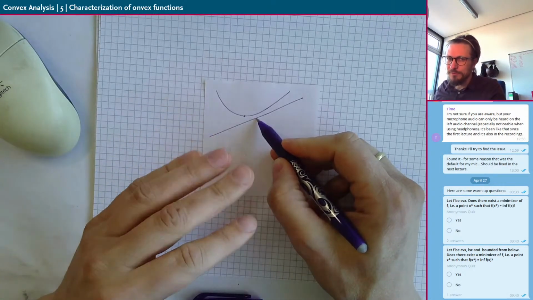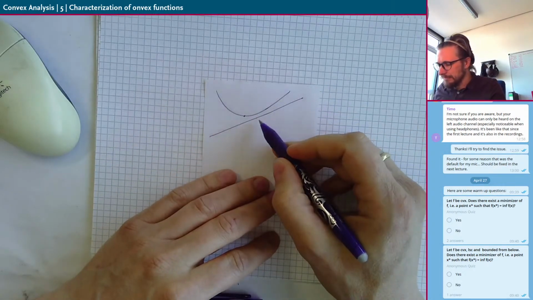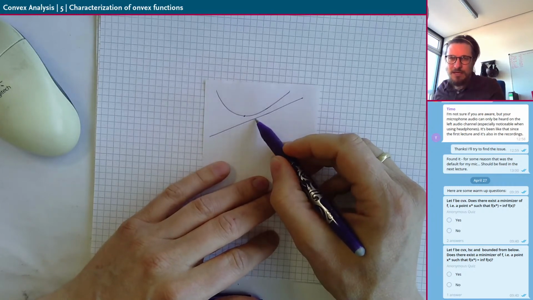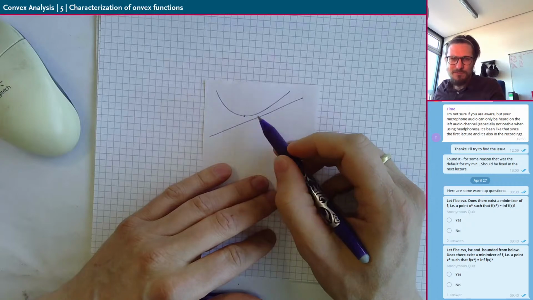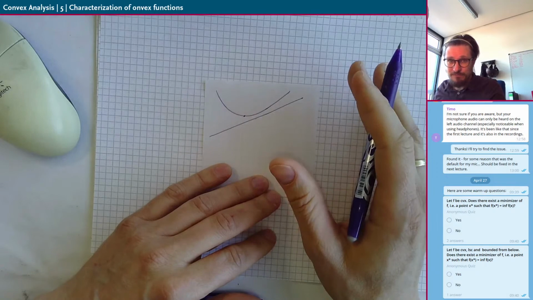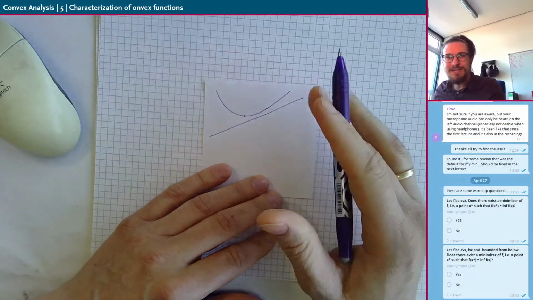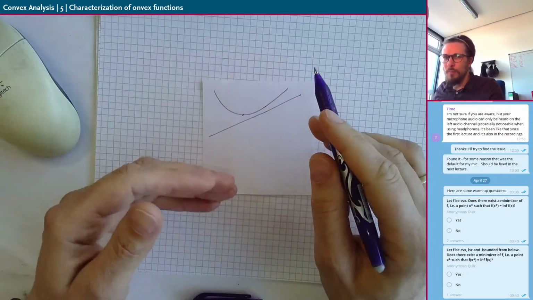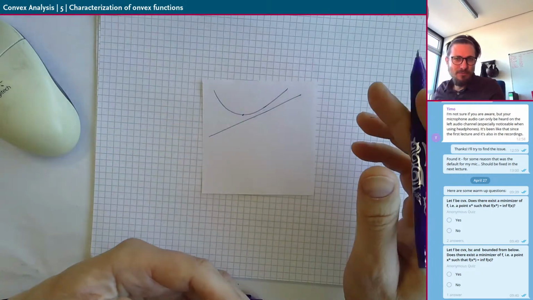But we agree in this case the infimum may be minus infinity. We agree to be able to calculate with the infinity. So the infimum of this function would be minus infinity. But where is the point where f assumes minus infinity? There is none. An affine function is finite everywhere, because we did not extend the domain. We did not allow minus infinity or plus infinity to be in the domain of the convex function.